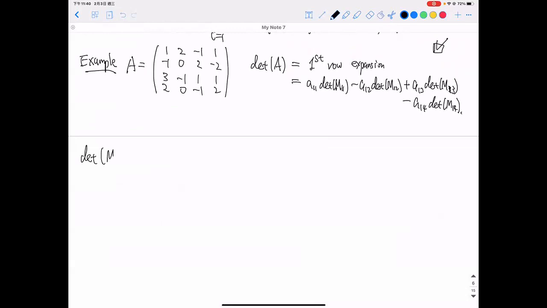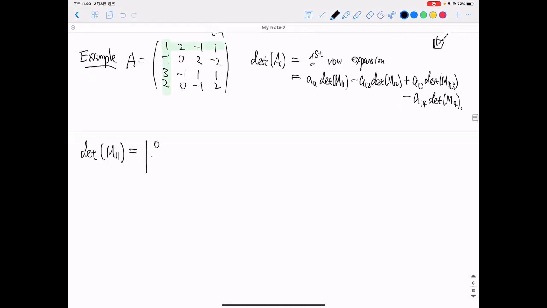We have 4 determinants to compute, right? So first of all, we have M11. M11 is going to come from deleting the first row and the first column. What's left is this.